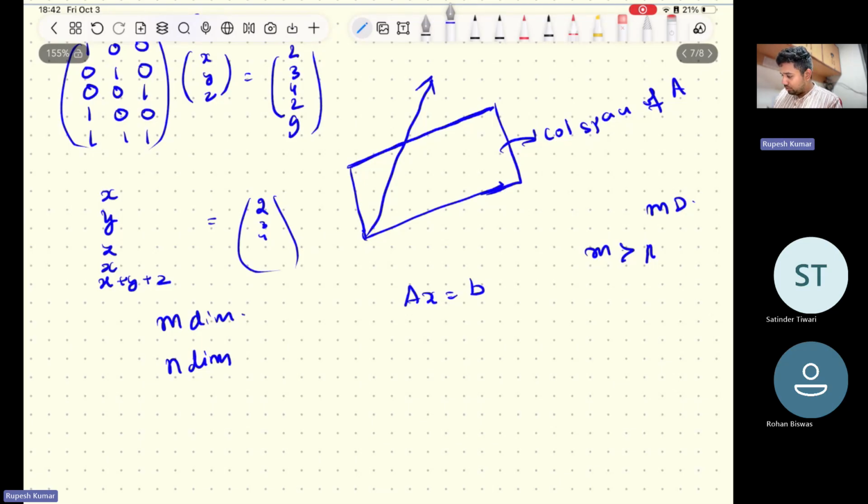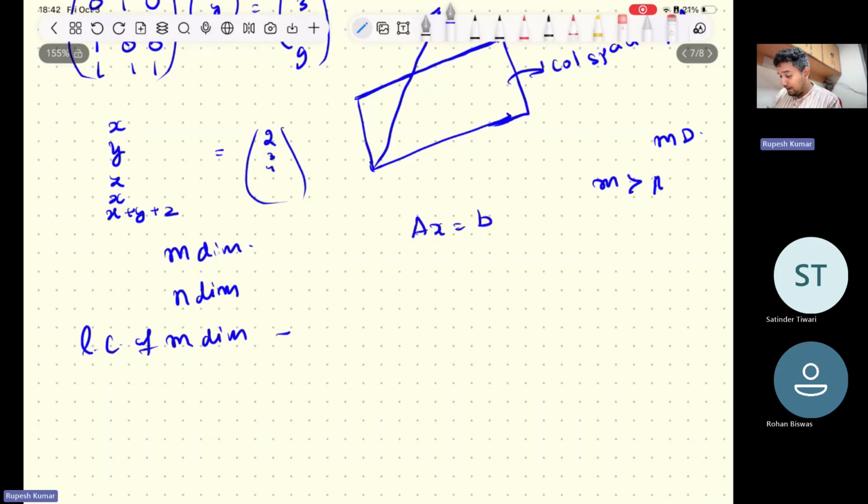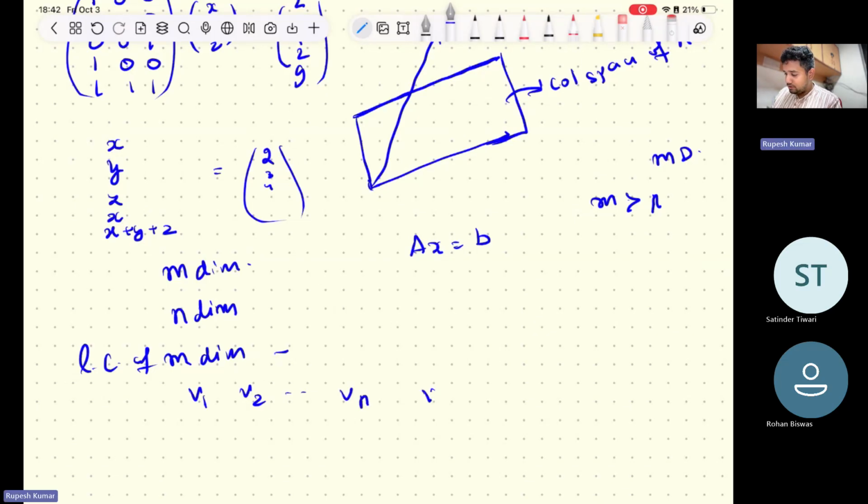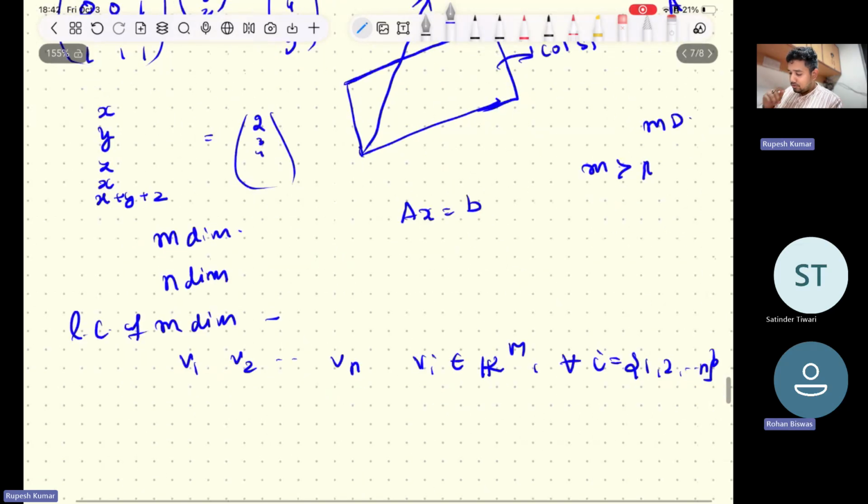And you are trying to use a linear combination of m-dimensional vectors to get to an n-dimensional space. So you write it like this. Let's say you have vectors v1, v2 up to vn, and each vi belongs to Rm for all i equals 1, 2 up to n.